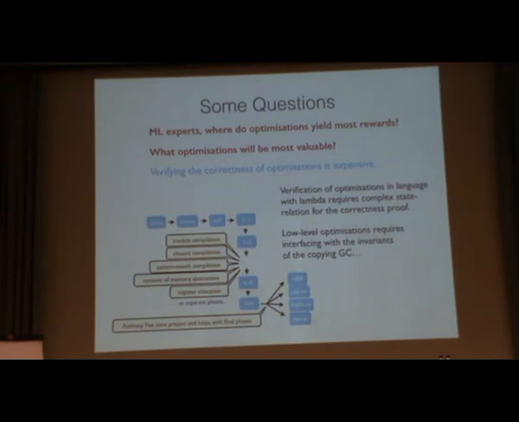And in the lower levels, you have another problem, that you have to be constantly interfacing with the invariants of the copying GC. So there's a nice sweet spot in between, when you have a first order language, but you don't yet have the GC visible. But we believe we have to deal with both of these to get optimizations. That's just an observation.